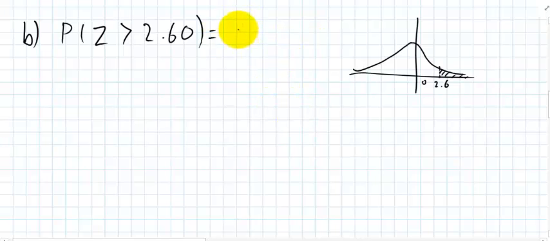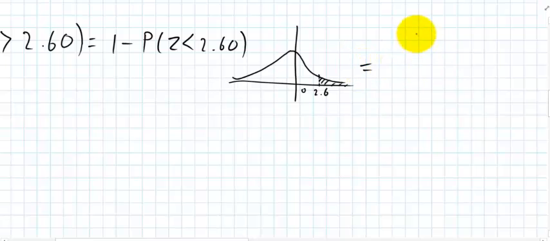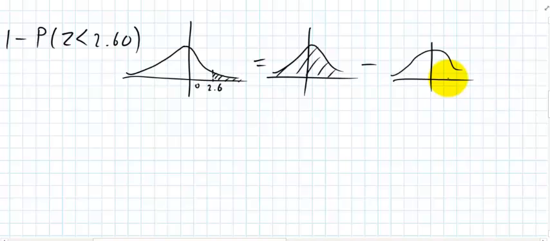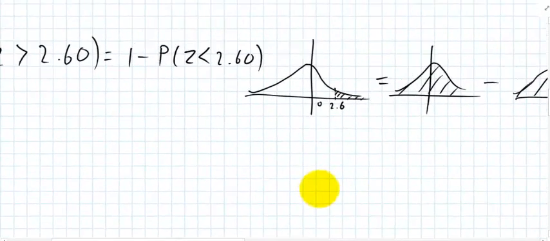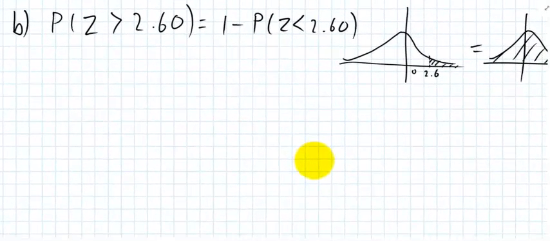So this is 1 minus the probability of z being less than 2.60. Now, why is that? Remember, this is because the small area to the right is equal to 1 minus the area less than 2.60. This is in the previous video, so if this still confuses you, maybe you should watch that again.